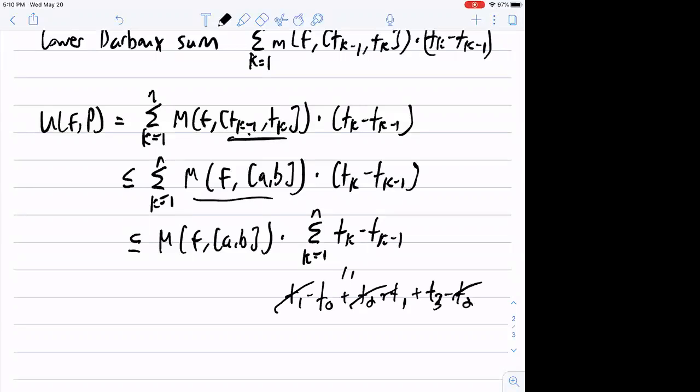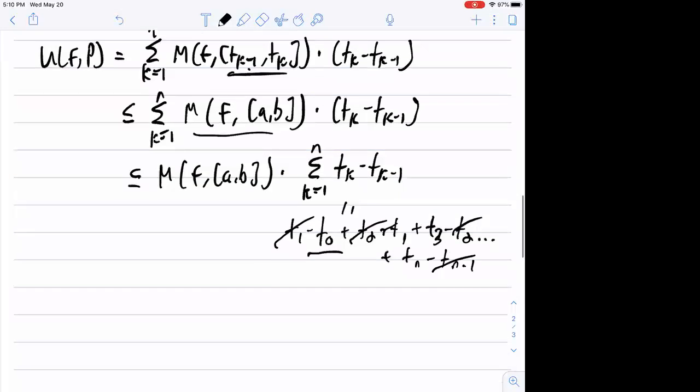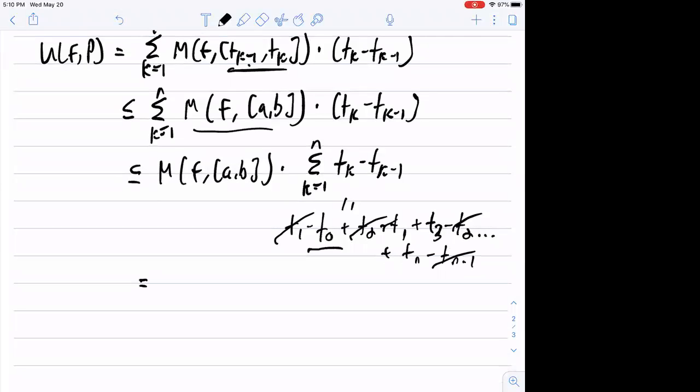The t2s cancel, and so on. The only thing that remains is minus t0, and at the end it's tn. So this is just equal to M of f on [a,b] times (tn minus t0).